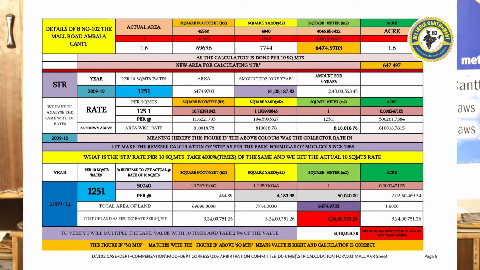Similarly, when I come in 2009-2012 sheet, my STR is 1251 per 10 square meter, and my rental value per annum is 8,10,000 rupees. My gradual payment to the department for 3 years is multiplied by this amount, turning around to 24 lakhs.